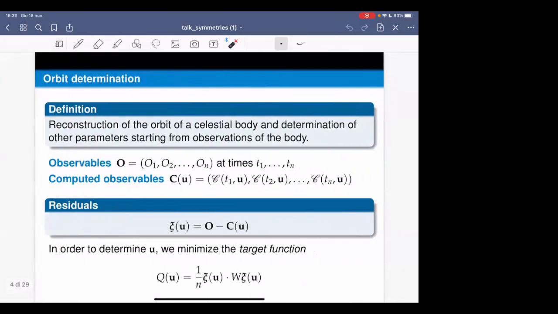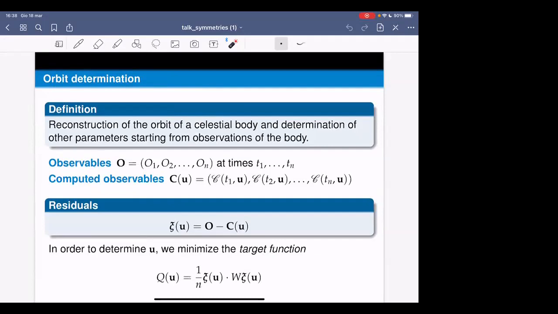So let us start with orbit determination. It is simply the reconstruction of the orbit of a celestial body, and consequently also the determination of other parameters, starting from observations of the body.